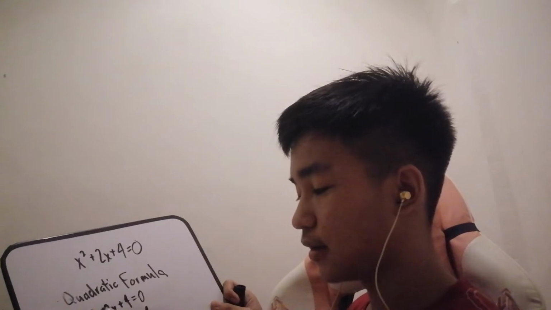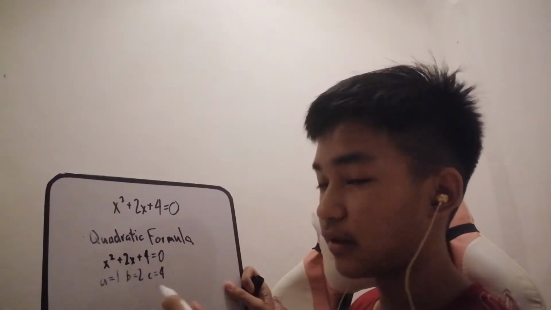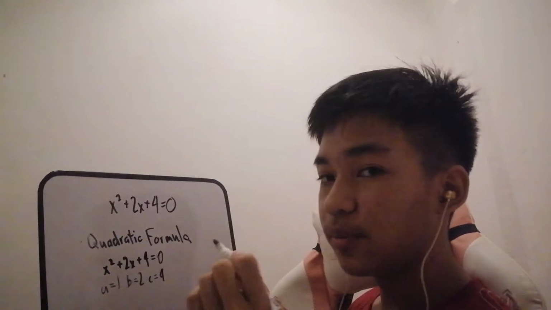So a equals 1, b equals 2, and c equals 4. Since they are all positives, we no longer need to put a positive sign on them. So now this a, b, and c, we will put in the quadratic formula.